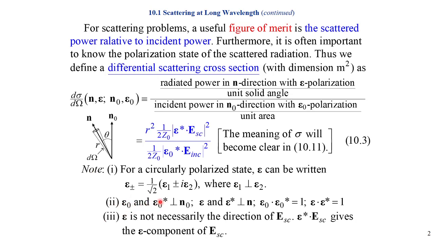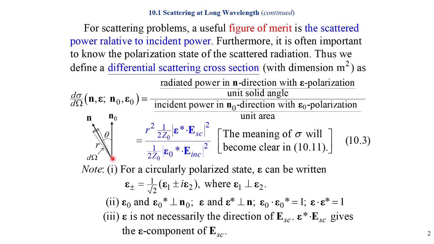Epsilon 0 and epsilon 0 star are perpendicular to n0, so the polarization is perpendicular. So it's an ideal, simple plane wave. And once again, epsilon star and epsilon are also perpendicular, so it's far field, a plane wave. Polarization is perpendicular to the incident wave.